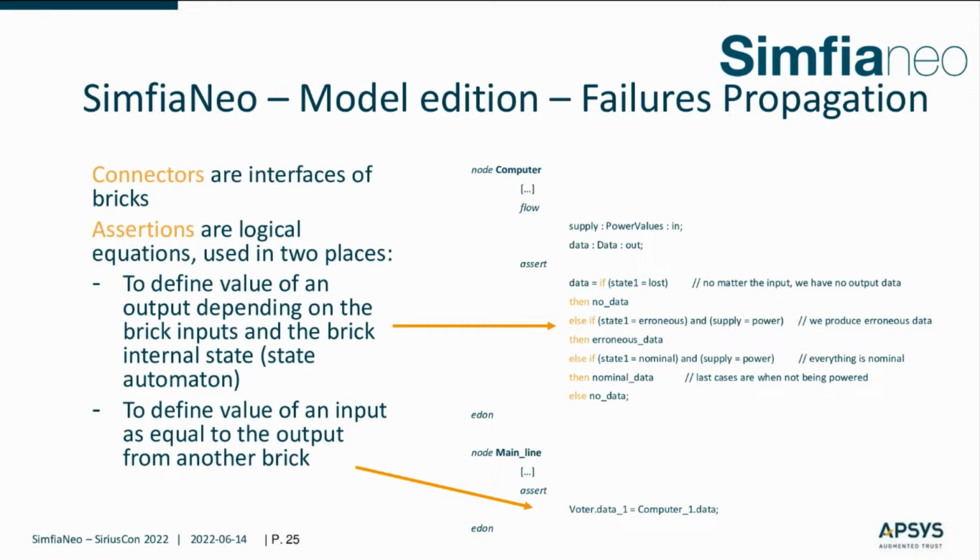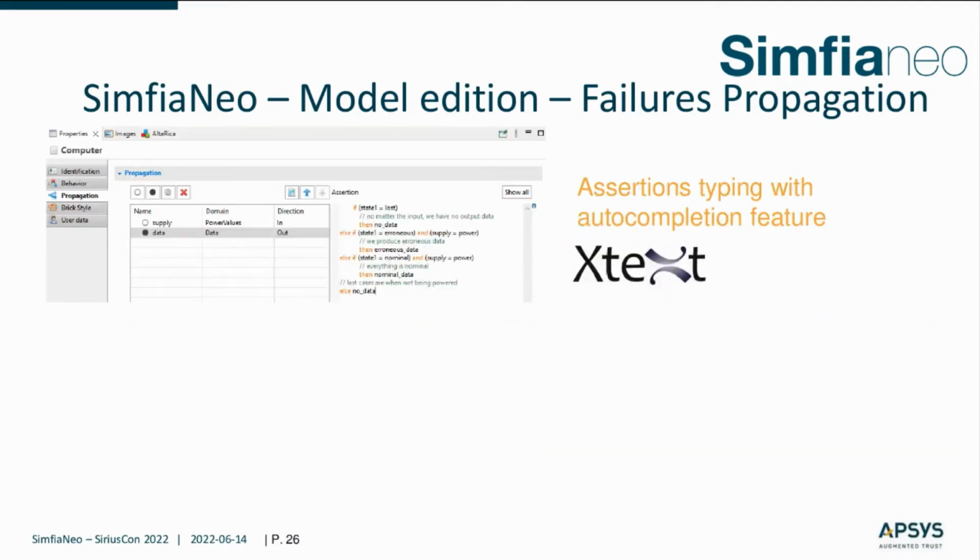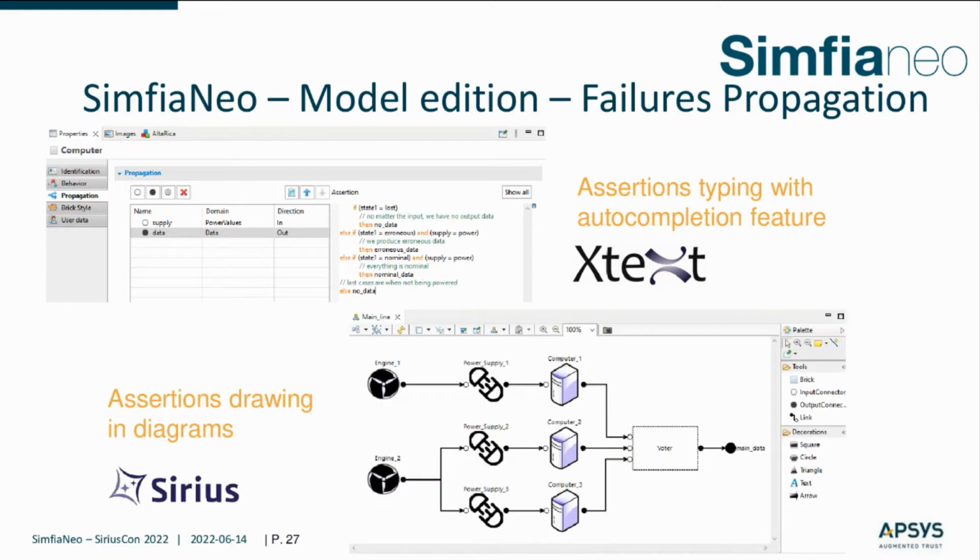So for our users, in the interface, still in the properties view, we find Xtext fields with an auto-completion feature and syntactic checks. And to link elements, bricks, and nodes with each other, we use the Sirius diagrams.